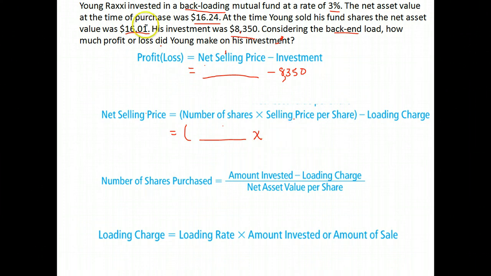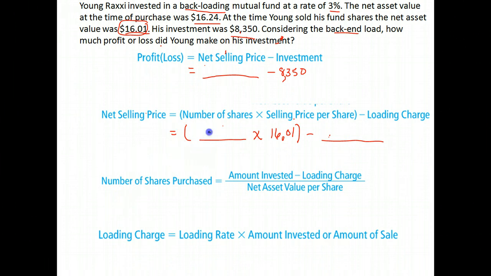We do know that. At the time he sells, the selling price per share is $16.01. Minus the loading charge. Now, if this were front end, the loading charge would be 0, but it's back end, so at the time of sale, he has to pay that loading charge, which we haven't calculated yet, thus the blank spot that I left.